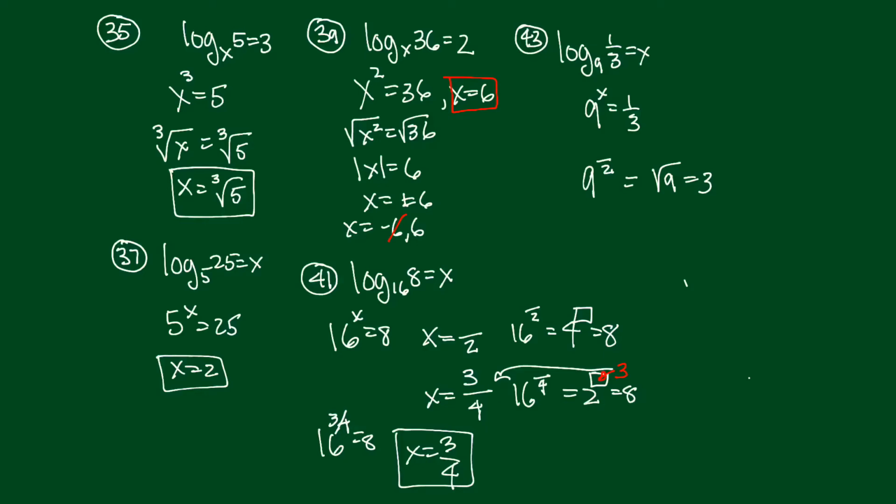Now I got the 3 right here, but I've got 1 over 3. So the 3 is just to the first power. So I think it's just to the 1/2, right? 9 to the 1/2 is 3. But I want 1 over 3. So why don't I make this 9 to the negative 1/2? That would be 1 over 9 to the positive 1/2, which is 1 over 3. So I think we've got it here. X is equal to, what did we get? Negative 1/2.